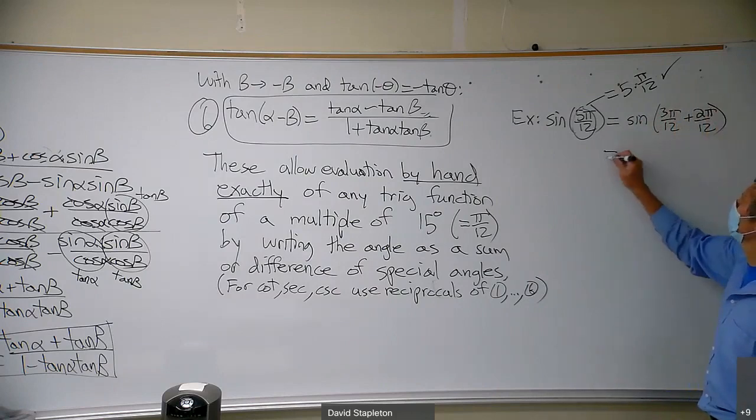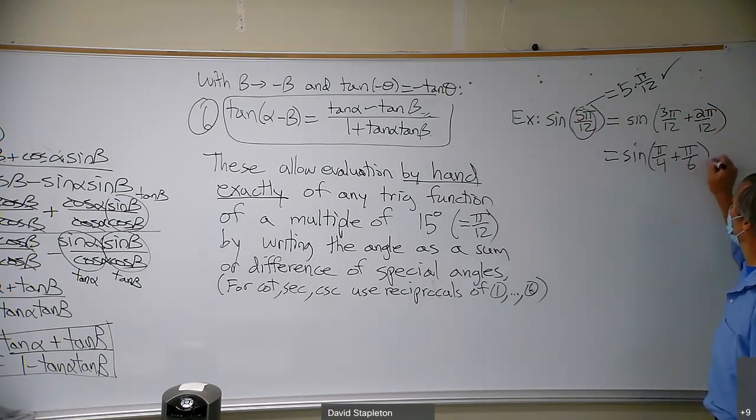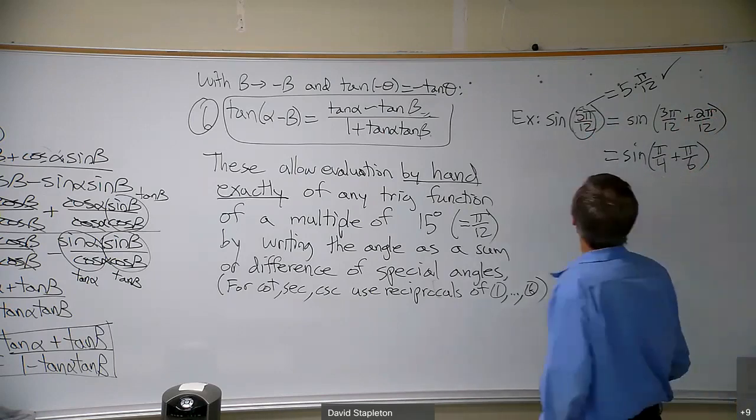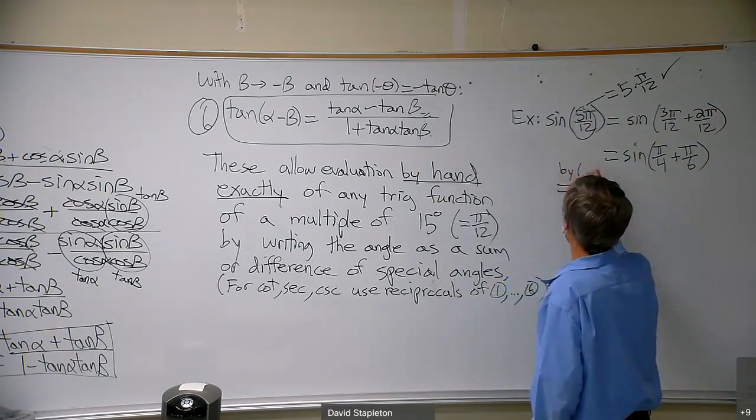Those are special angles? Sure. 3 pi over 12 is pi over 4, a special angle. 2 pi over 12 is pi over 6. Sure enough, a multiple of pi over 4 and a multiple of pi over 6. I've written it as a sum of special angles. So that's the trick.